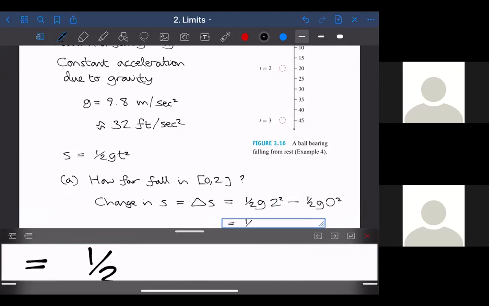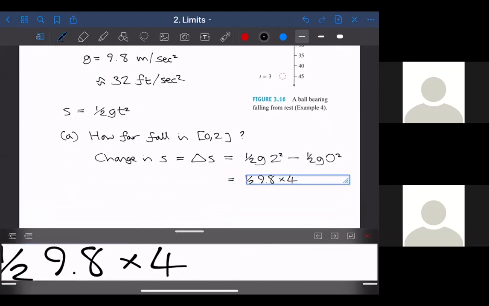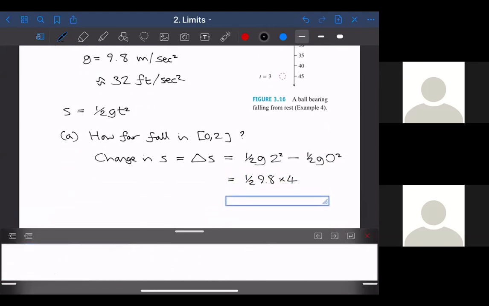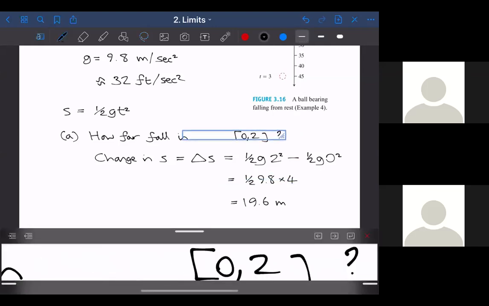So that's half of 9.8 times 4, which is 19.6 meters, which matches the picture. So let me write, this is an interval of time.